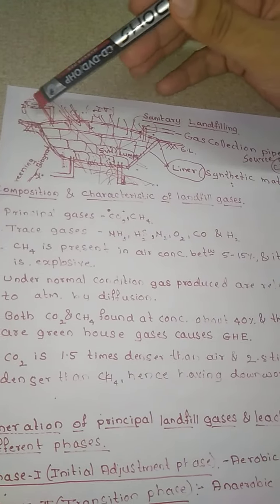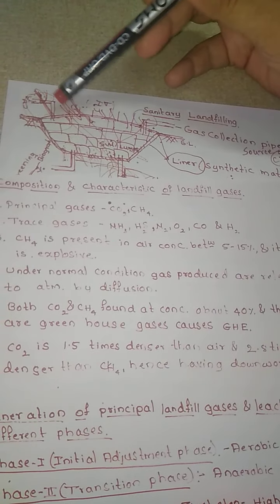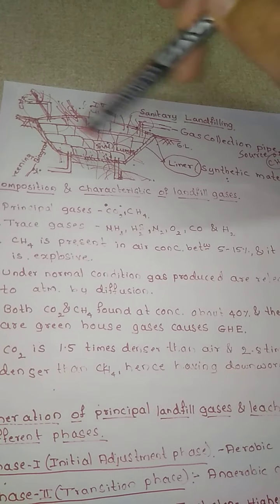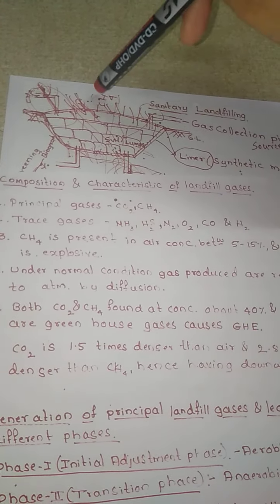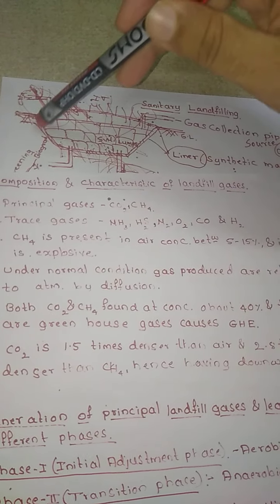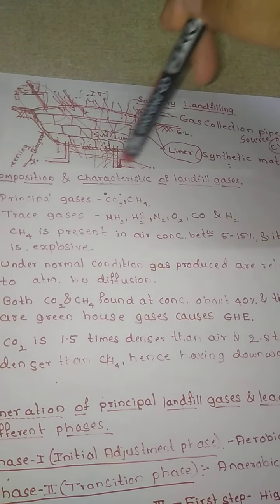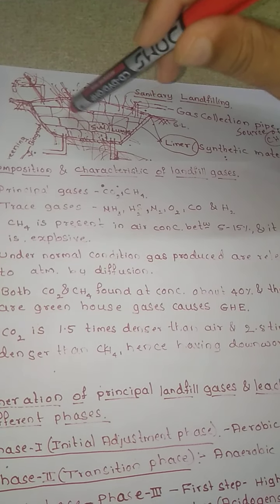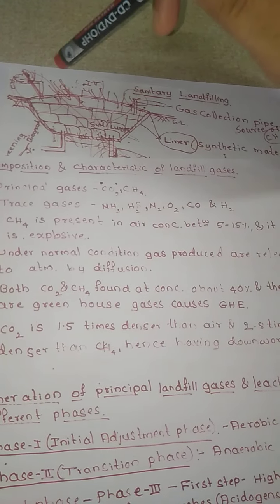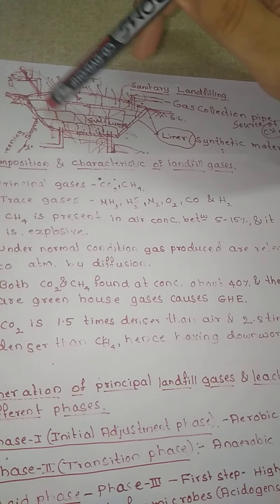Okay, here when we place the waste material into the landfill area and we have closed it, there is an amount of oxygen in this particular landfill. Closing it doesn't mean that all the oxygen is going to diminish. Okay, there will still be some amount of oxygen.